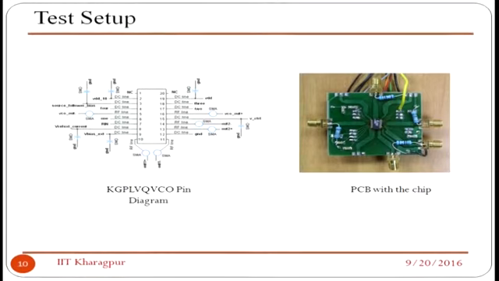This is the KGP LC VCO, and then you have to make a board. Remember, if you look carefully at the board design, whether it is 900 megahertz or 2.4 gigahertz, it should have impedance matching, and this is an SMA connector.